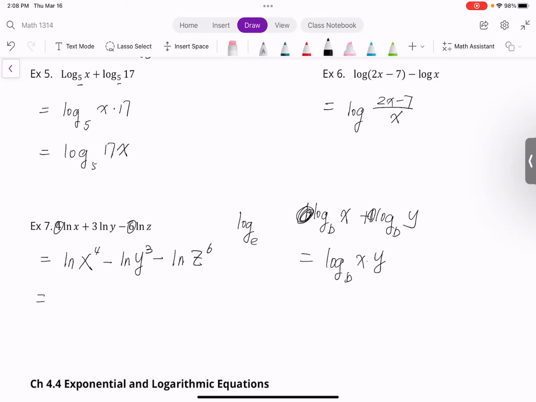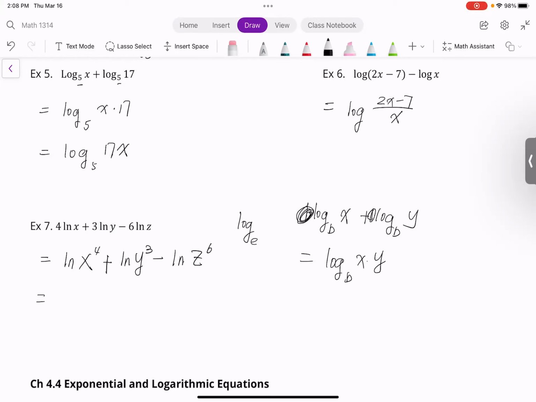Only move the constant numbers without moving the negative sign. And then they have the same base, and there's no constant, or the constant is 1 in front. Don't change the sign here.